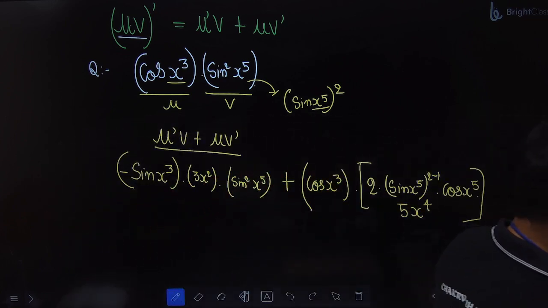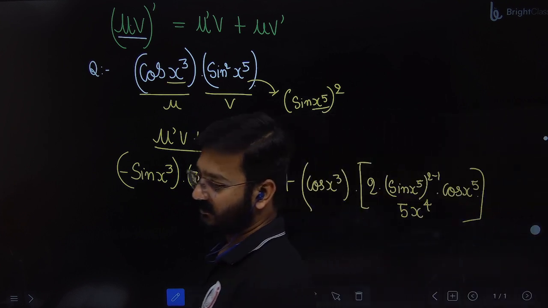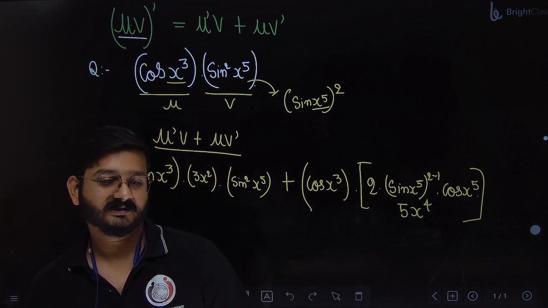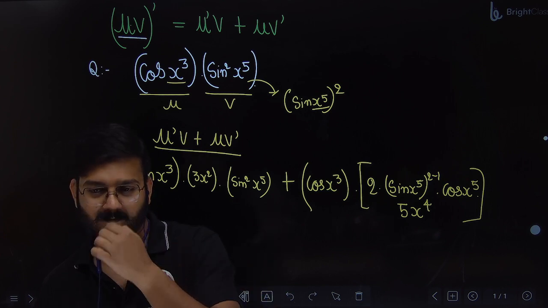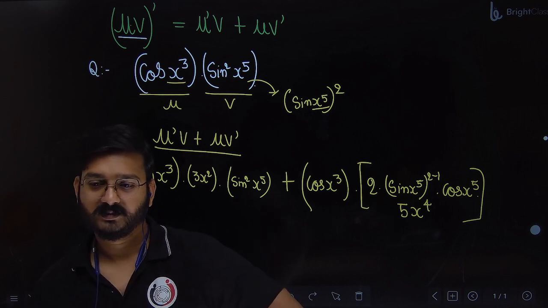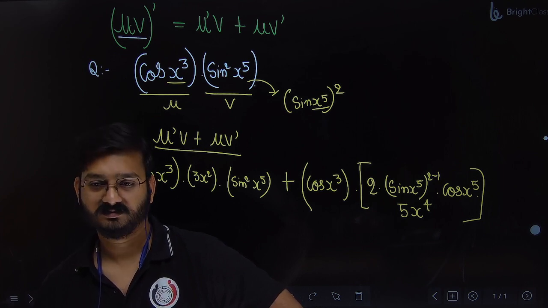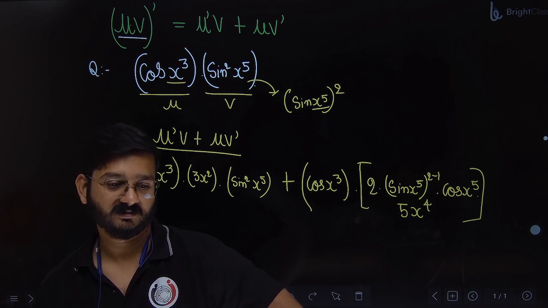Make a note of this point. If function is discontinuous at x equal to a, it means what? Will the function exist there? No. It means function is not defined at that point.